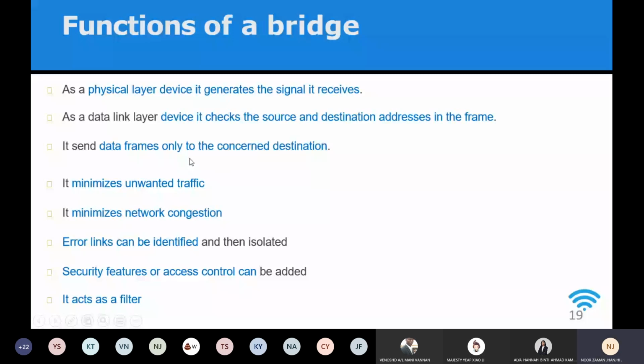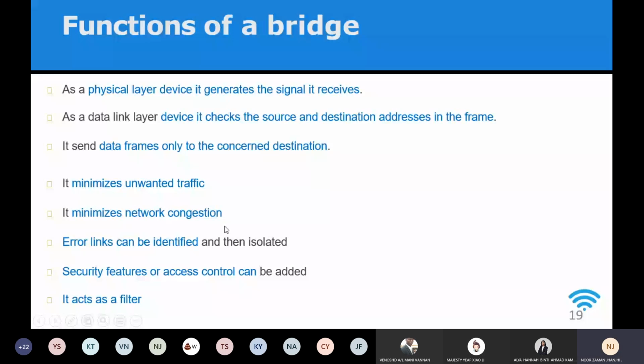Because it applies filtering, it automatically controls or minimizes the unwanted traffic. So any traffic which is not supposed to come to the particular network, it will stop. This mechanism helps us to minimize congestion, and congestion is actually a big problem in wireless networks.